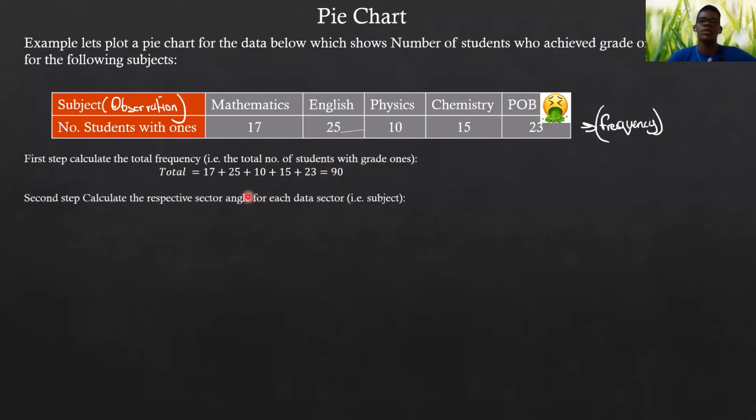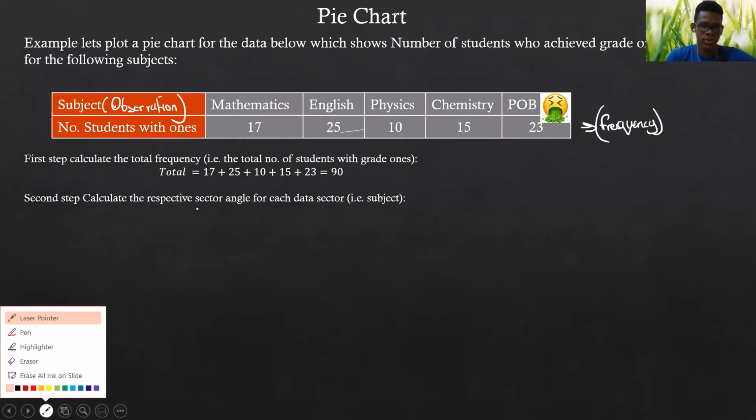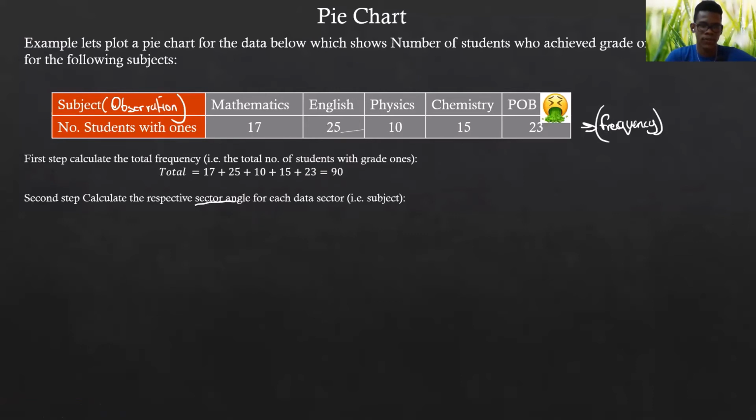Next step is to calculate the sector angles. Underline this. Next step is to get your sector angles for each of these sectors. So first is total frequency, next is your sector angles.